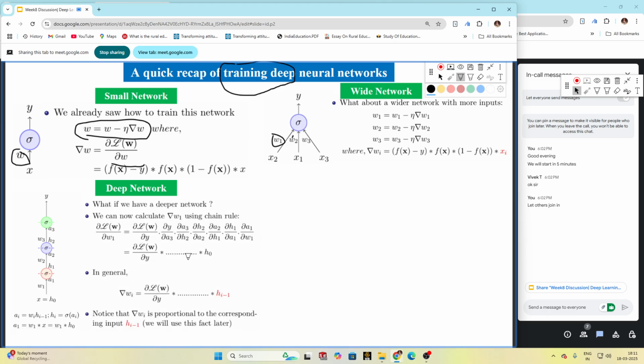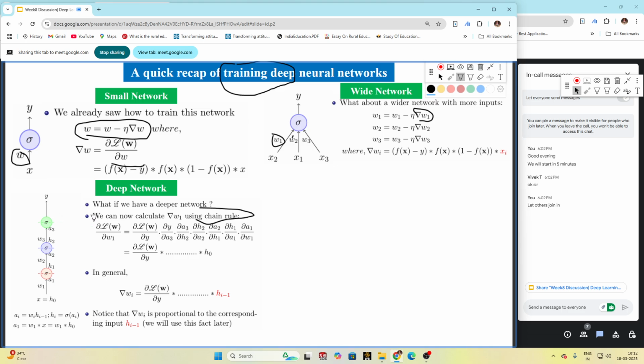Here also, we train our network the same way, with backpropagation. Earlier, as we had only one output and one weight, we could easily calculate the gradient, del w1 or del w. But here our neurons are connected in different layers, so we have to apply the chain rule, because you cannot calculate del L by del W1 directly.